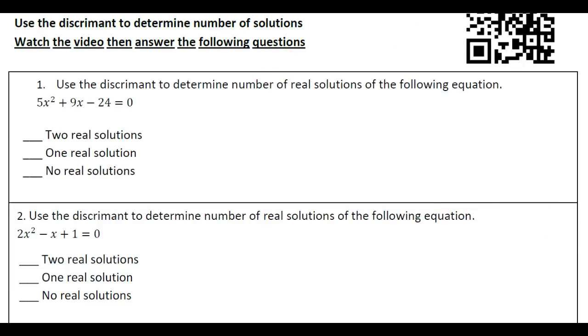Let me give you the parameters once again. We said that what is under the radical sign is called the discriminant. Not including the radical sign, just what's under it. This is the discriminant.